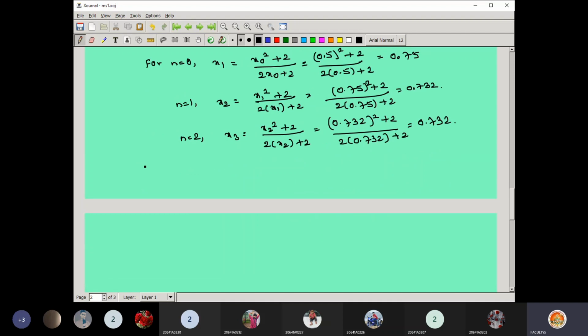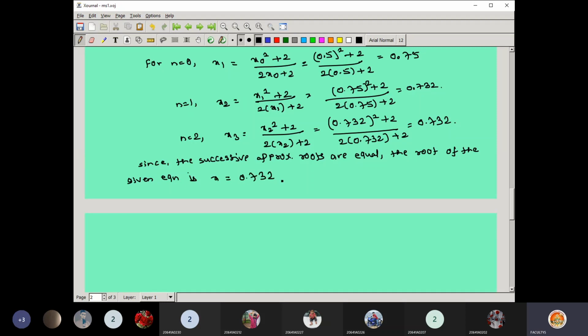So since the successive approximate roots are equal, the root of the given equation is x equal to, just you can write 0.732.